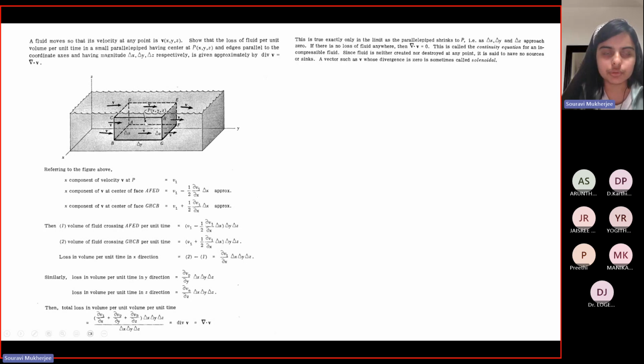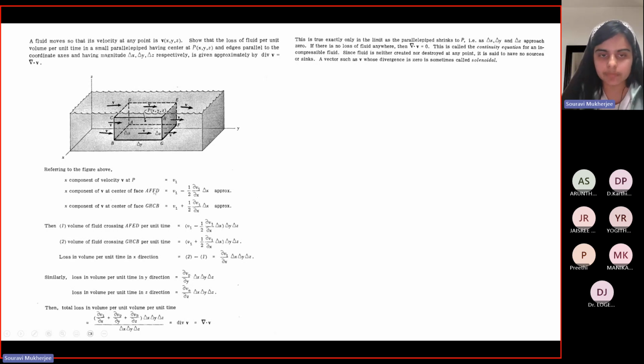That means your velocity now has some gradient along x, y, and z. So at this point P, if the velocity is v1, somewhere on this surface, at a distance of dy by 2, you'll have some different velocity, right? Similarly, you'll have a different velocity on this surface because of this del v, del y dependence.